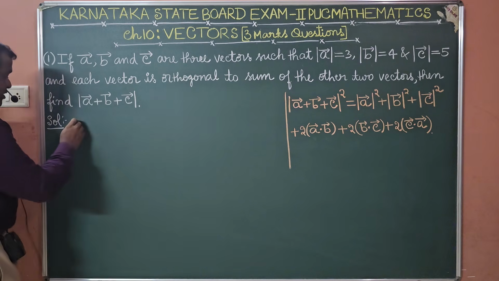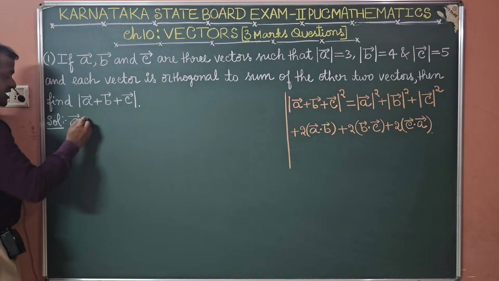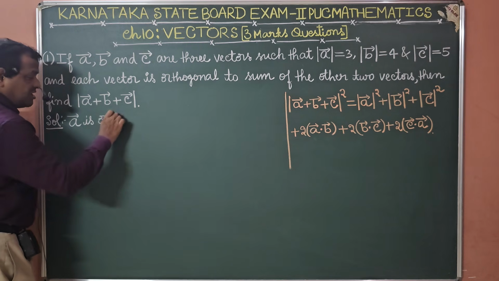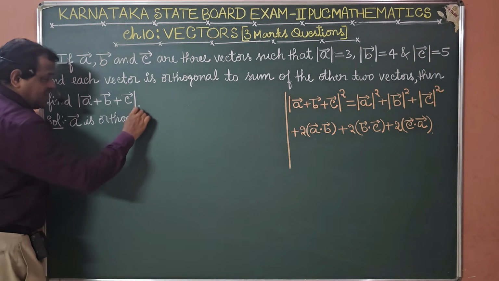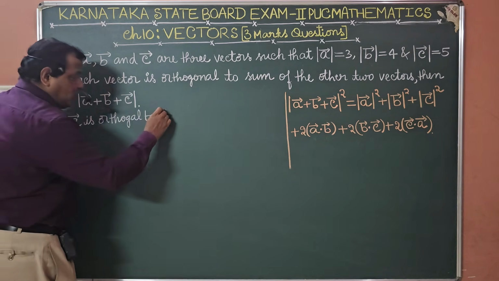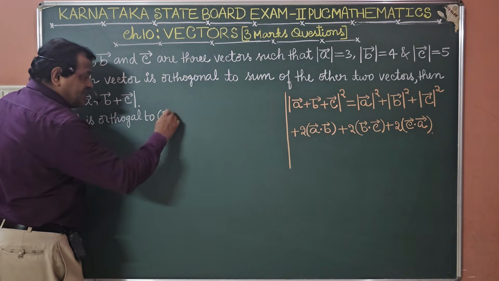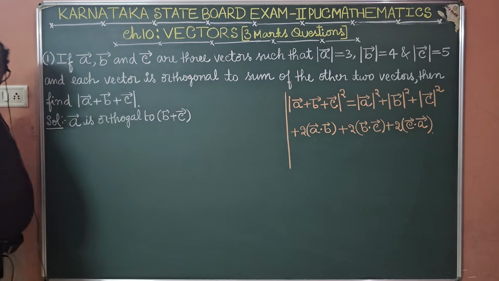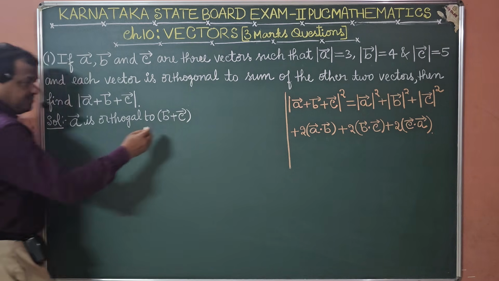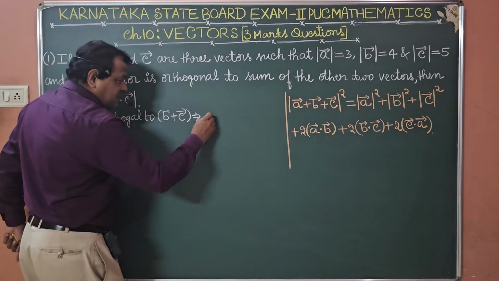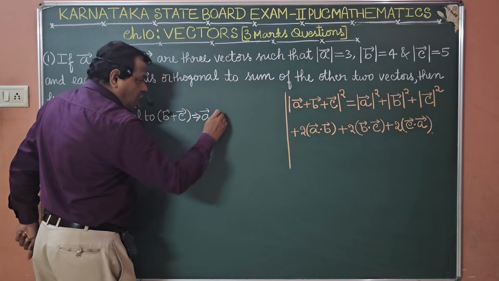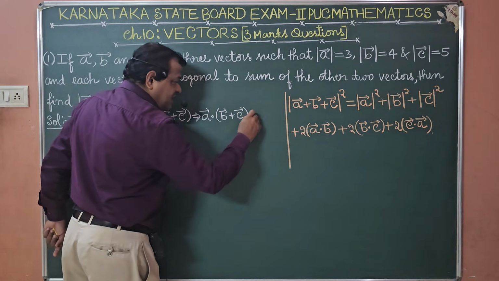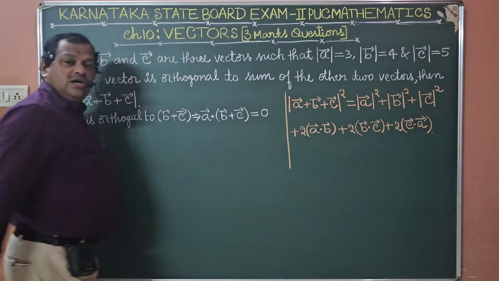Listen. See my dear students, they have given A vector is orthogonal, or it is the same as to say perpendicular, to the sum of other 2, that is B vector plus C vector. This means A vector dot B vector plus C vector is 0.